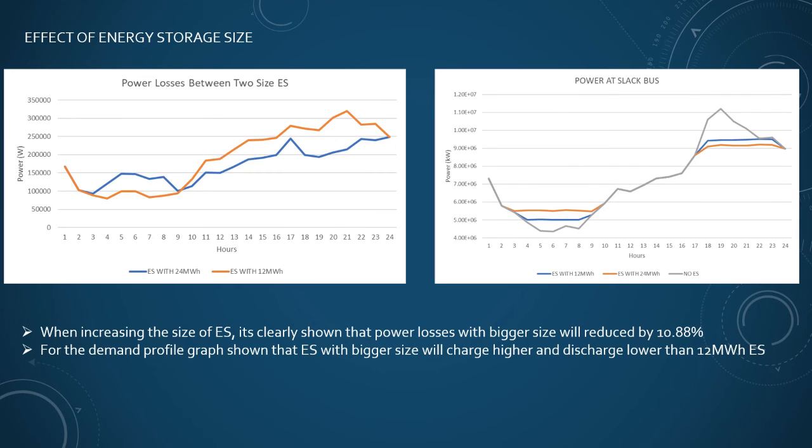For the sub-case, which is the effect of energy storage size, when we increase the size of the energy storage, it clearly shows that the power losses with the biggest size will reduce by 10.88%. Next, the right picture shows the demand profile, where the ES with the biggest size will charge higher and discharge lower than the energy storage with 12 megawatt hours.